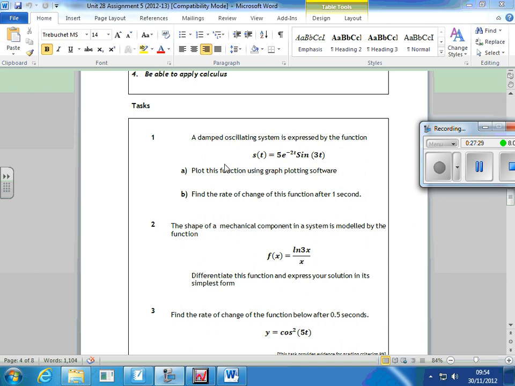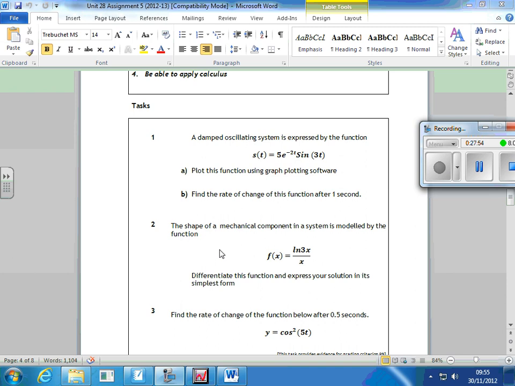For this particular function, I want you to plot the function using Autograph, and then find the rate of change of this function after 1 second. So you're going to differentiate it, and then put in the value for 1 second and find out what the differential is after 1 second.